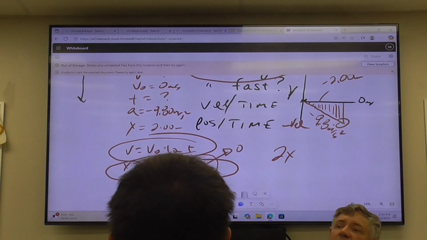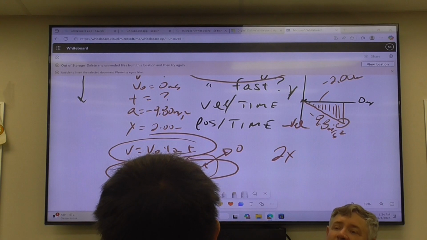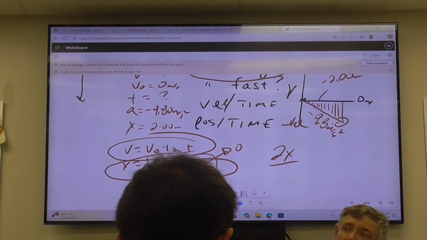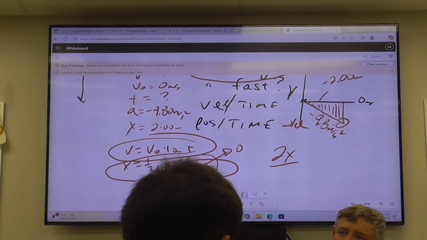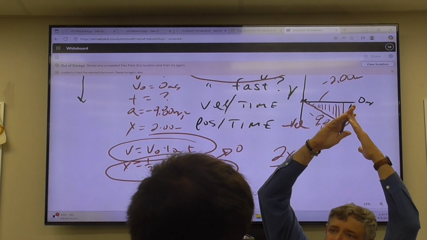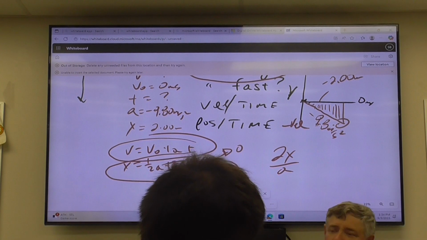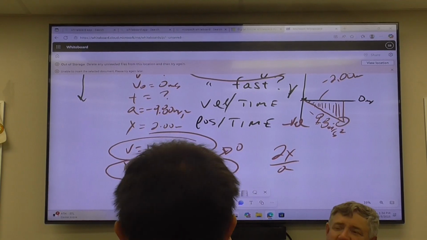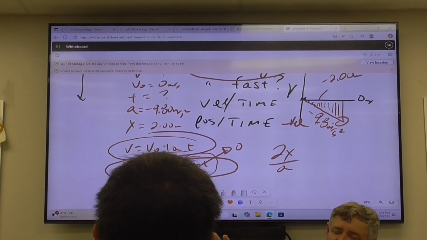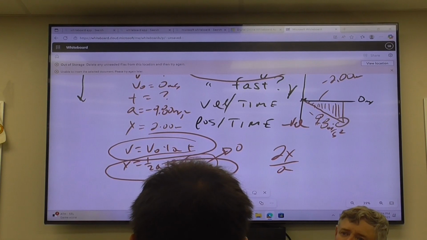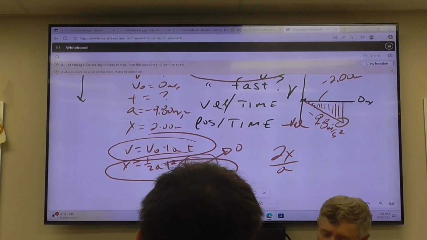Then what? Divide by the acceleration, negative 9.8. Just divide by A. Don't get crazy with numbers. That leaves me t squared, and how am I going to undo the t squared? Square root of it. Yeah.